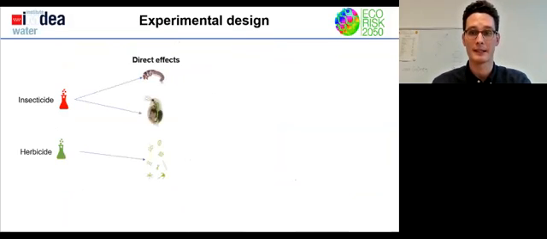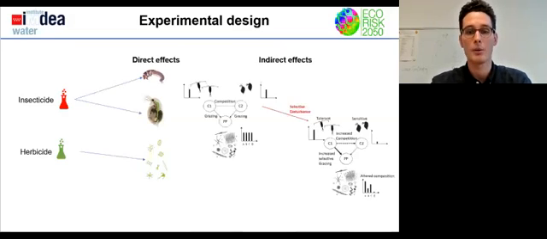Thus, pesticides can influence both compositional aspects of stability, such as species richness, and functional aspects of stability, such as abundance or biomass. We selected an herbicide to selectively reduce primary producers' diversity and abundance, and an insecticide to reduce consumers' diversity and abundance.